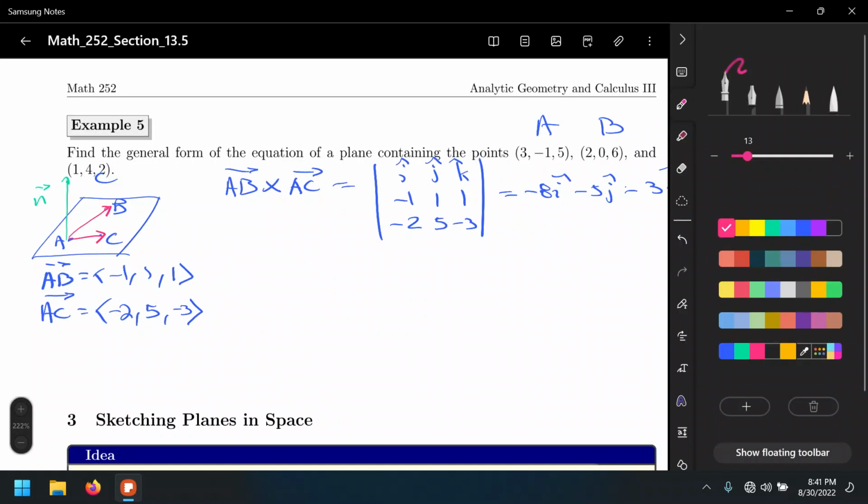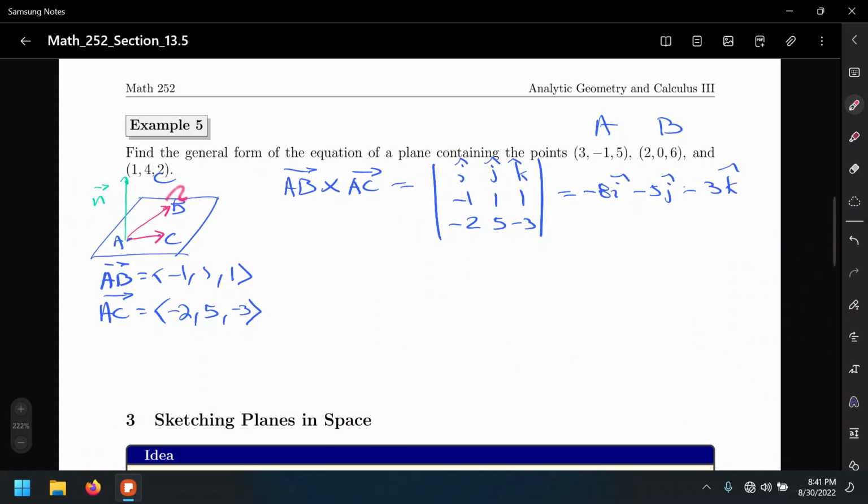It doesn't matter if you use B as your initial point or C as your initial point, because isn't this vector N in the same direction if we write it down here or here? The angle is the same, the direction is the same, so it doesn't matter. But again, I'm going to use point A as the initial point. So that's why I was drawing the picture as well.